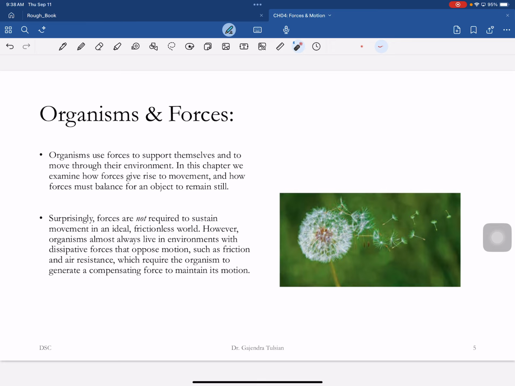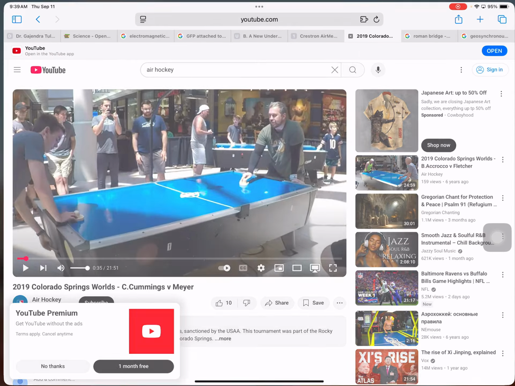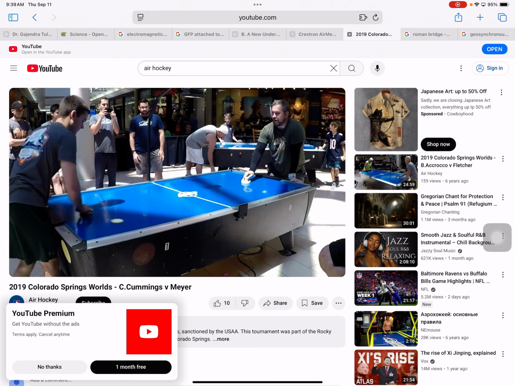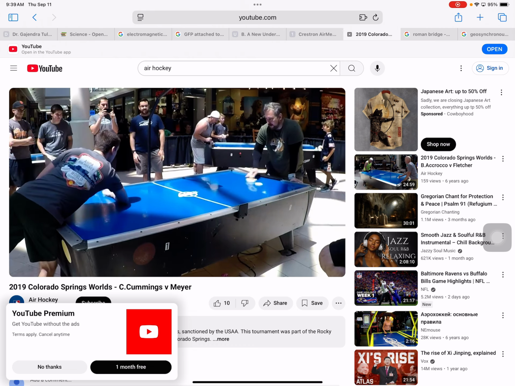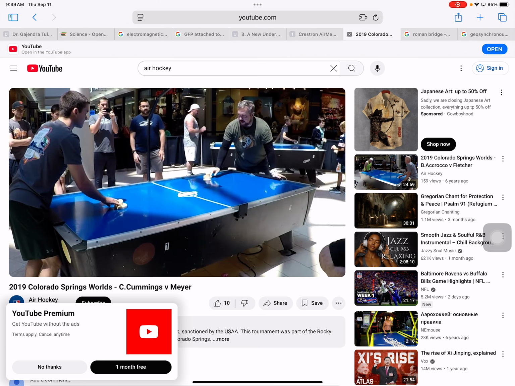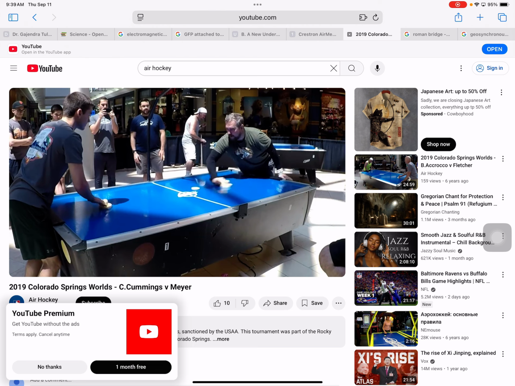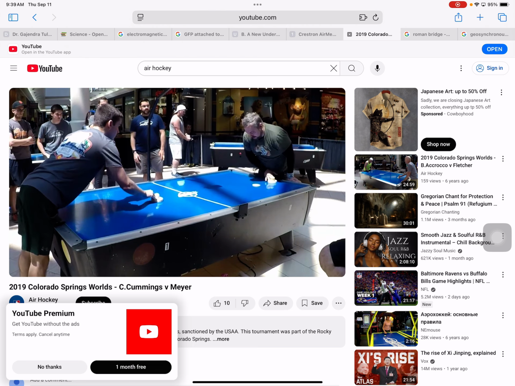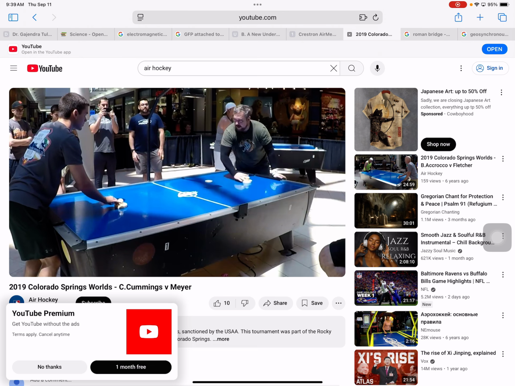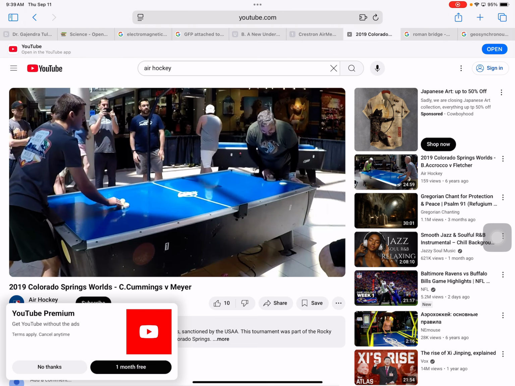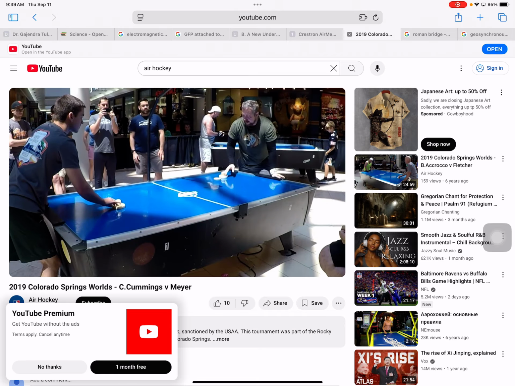In fact, you guys have experienced this in an air hockey game. That puck without any friction, if the table was long, let's say from here to Orlando, you hit it once and it could go to Orlando.